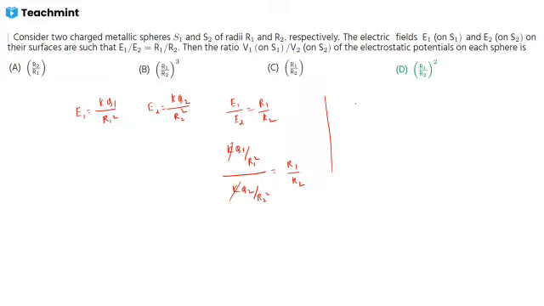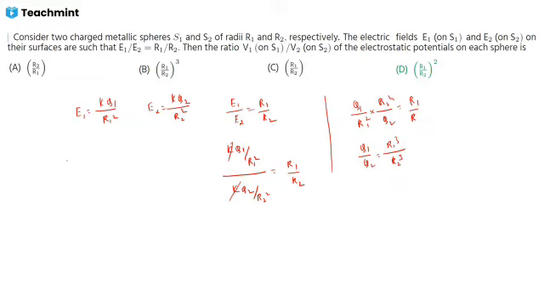We get Q1 by R1 square into R2 square divided by Q2 is equal to R1 by R2. Now Q1 divided by Q2 is equal to, if you take this R1 that side, R1 cube by R2 cube. So we got the Q1 and Q2 values like this.